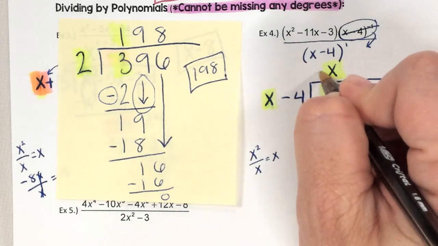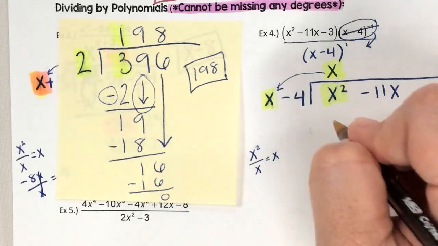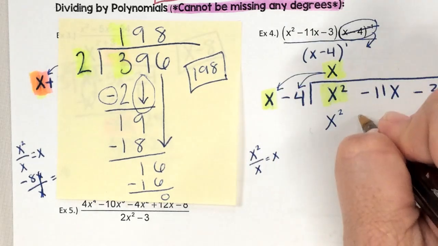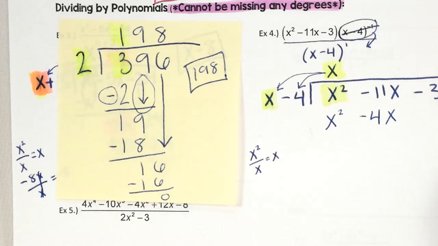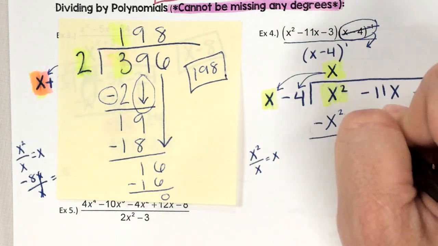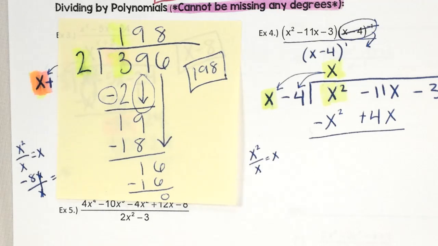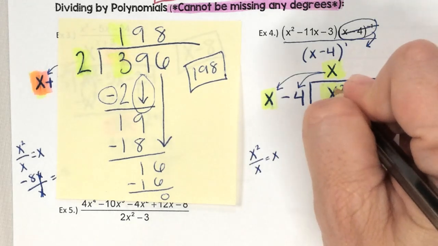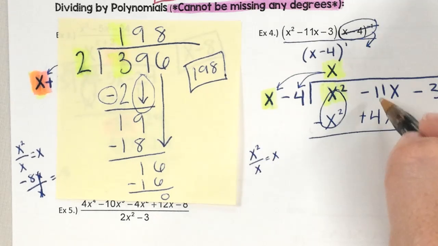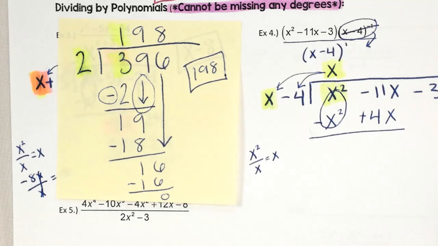The multiply. So x times x. X times negative 4. And then what? Subtract. So opposite, opposite. Okay, so x squared minus x squared is 0. And what's negative 11x plus 4x?